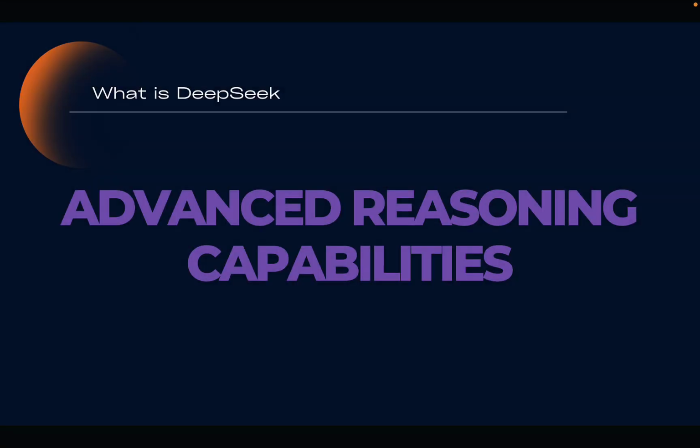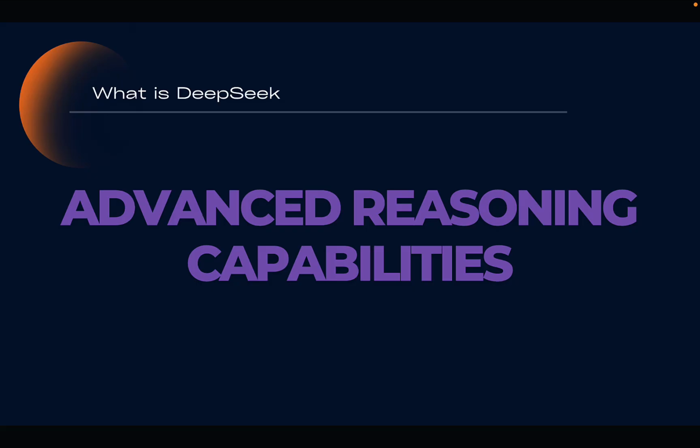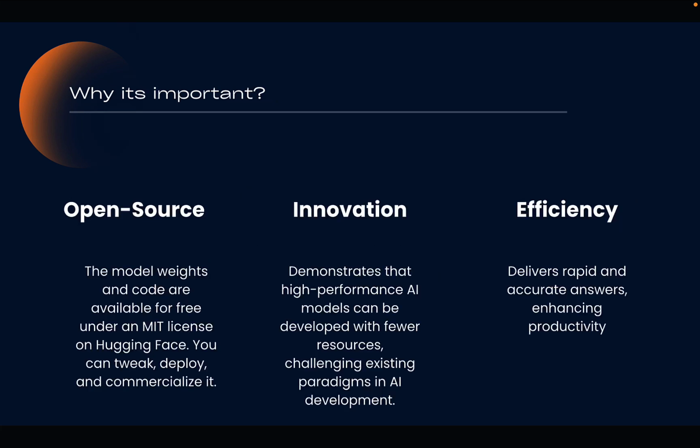DeepSeek R1 offers advanced reasoning capabilities, making it a notable alternative to other models in the AI space. It has comparable performance, like I mentioned earlier, with OpenAI's O1 model on reasoning, math, and coding tasks, which is very, very impressive, comparing an open source model to a proprietary model.